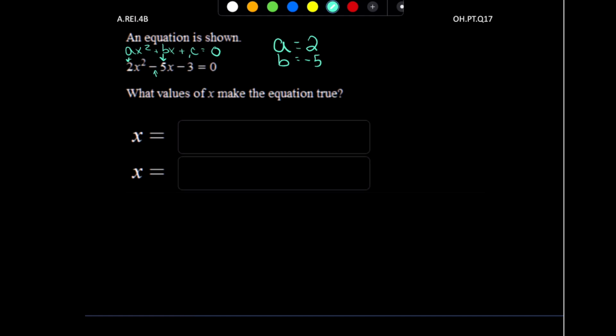C, your constant, is -3. Okay? So now, we're going to use the quadratic formula. Okay? The quadratic formula is -b plus or minus radical b squared minus 4ac all over 2a.